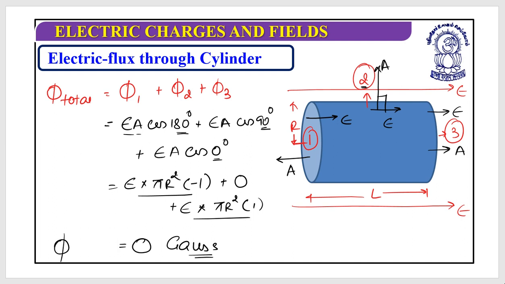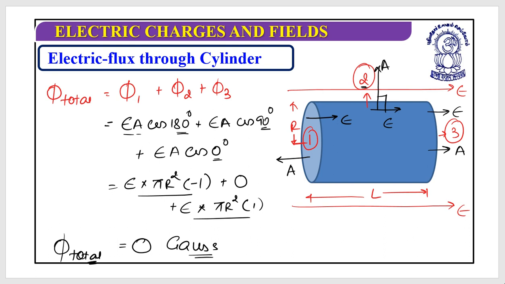This is the total flux. So revise it very quickly. What I need to do is find the number of surfaces it has. When I need to find the flux through a cylinder, I know there are two discs, one and second, and the other is the curved surface.